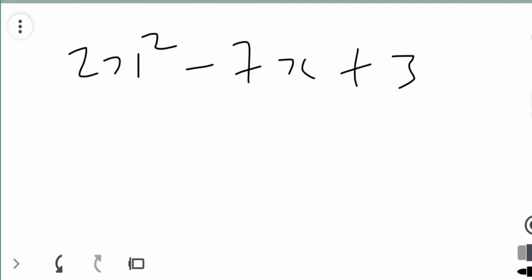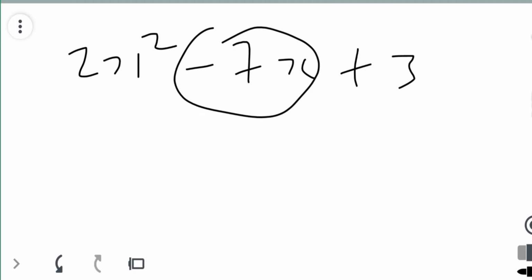So quickly, let me recap what I've just said. We said we need to consider the number at the middle. For instance, the one we solved last, 2x squared minus 7x plus 3. We need to consider this one at the middle here.